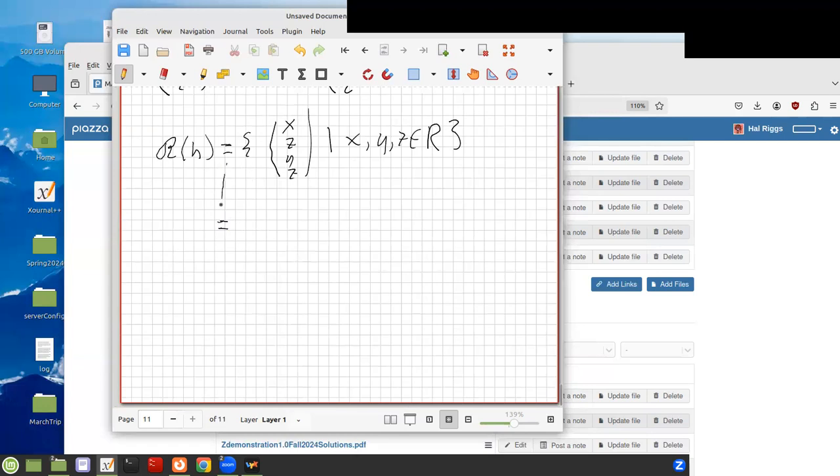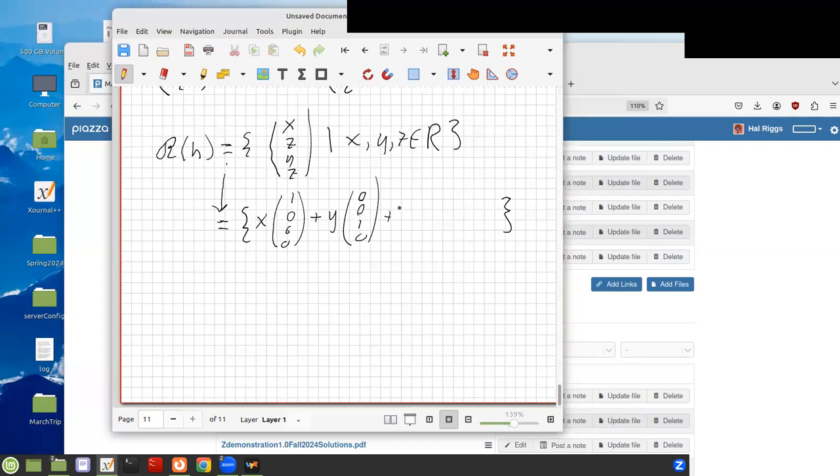You have to continue on down to the final answer, which is the set of x times the vector 1, 0, 0, 0, plus y times the vector 0, 0, 1, 0, and z times the vector 0, 1, 0, 1, where x, y, and z are members of R. Okay, so that's the range.